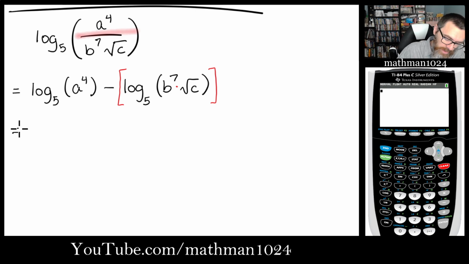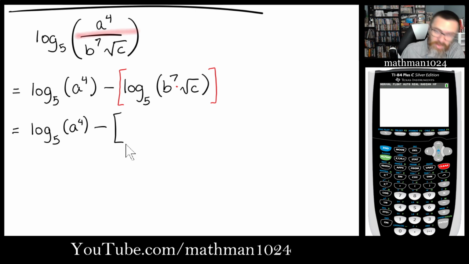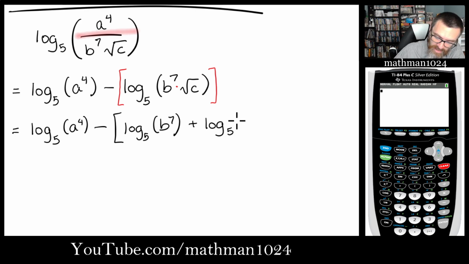So let's just go into it. We can do this in a couple steps. So I'm going to leave this as log base 5 of a to the 4th minus big bracket here, big group. So log base 5 of b to the 7th plus log base 5 of the square root of c.